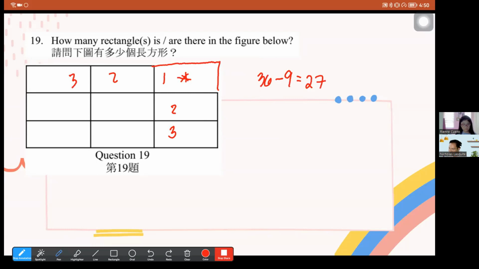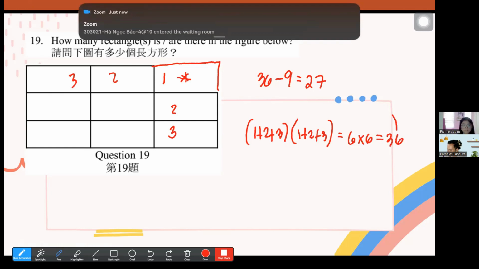Okay. So again, how did we solve this one? First you have 1 plus 2 plus 3 times 1 plus 2 plus 3, which is 6 times 6. You have 36. Then why is there a 9, sir?